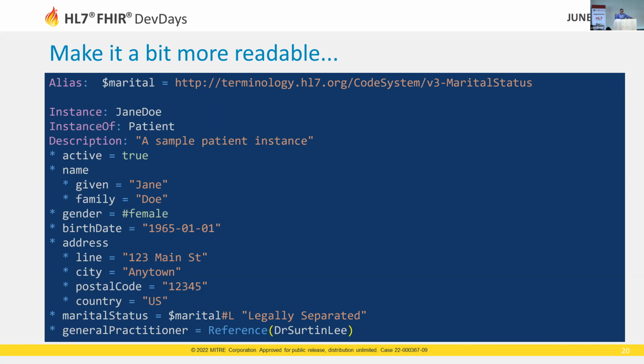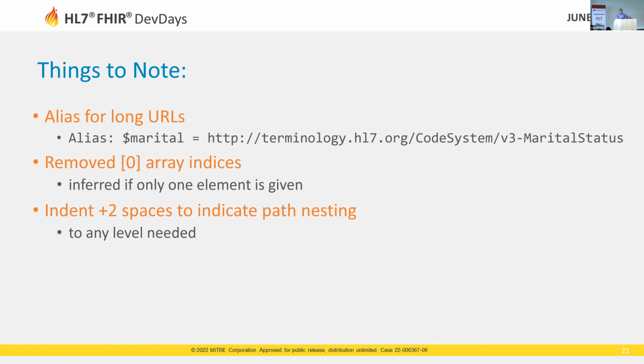So it's just $marital. The dollar sign is a convention, it's not required, but we use it because it makes those aliases pretty obvious to read. All right, so now we've kind of done an instance. Let's just make note of what we've learned. There are aliases. We can remove the 0 part of arrays, and we can indent exactly 2 spaces to indicate path nesting. And that can go to any level.